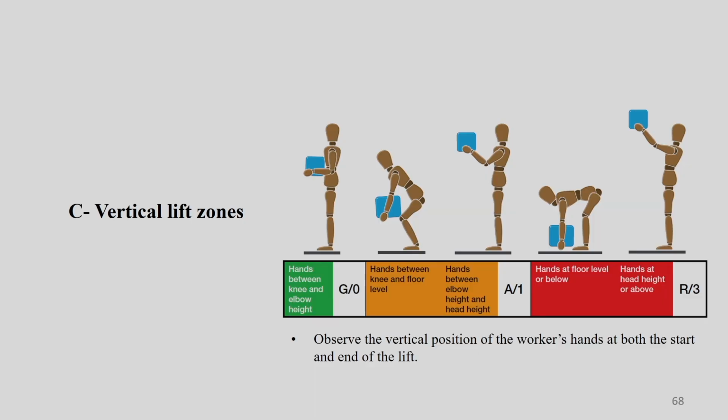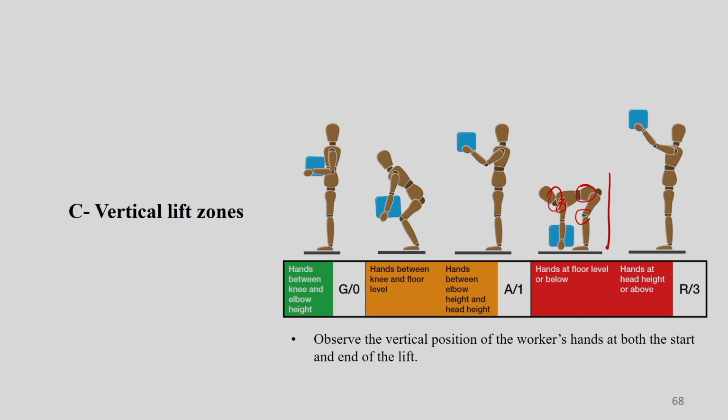The next part, which is red, says hands are at floor level or below that. You are bending from your trunk too much, as represented in this figure. Problems may come in the lower back, the neck, even the knee and shoulder, everywhere.